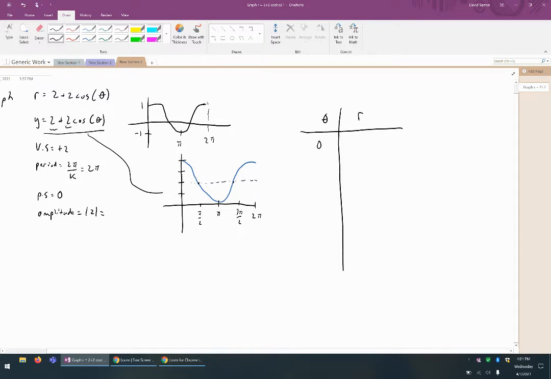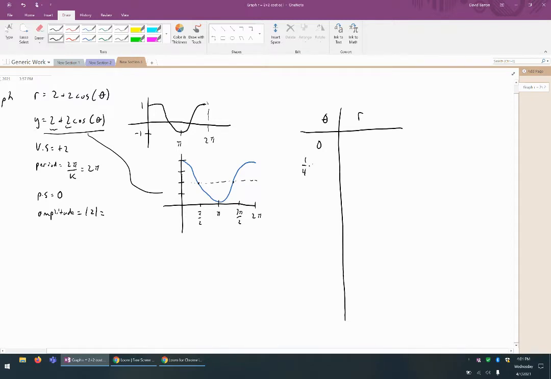So let's go ahead and put some values in here. When we were doing our graphing chapter, we talked about taking the period of our function and multiplying it by quarters. We do the same sort of thing here.